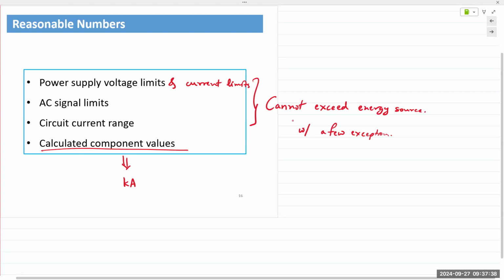If it's a 10-volt circuit or a 15-volt circuit, you would not expect to see kiloamps. You would expect to see milliamps or microamps even, maybe not nanoamps or femtoamps. Neither really, really tiny nor really, really large. So some nonsensical, fantastical value, that's what I call them. So kiloamps or maybe milliohms perhaps, right? That is what is meant by reasonable numbers.